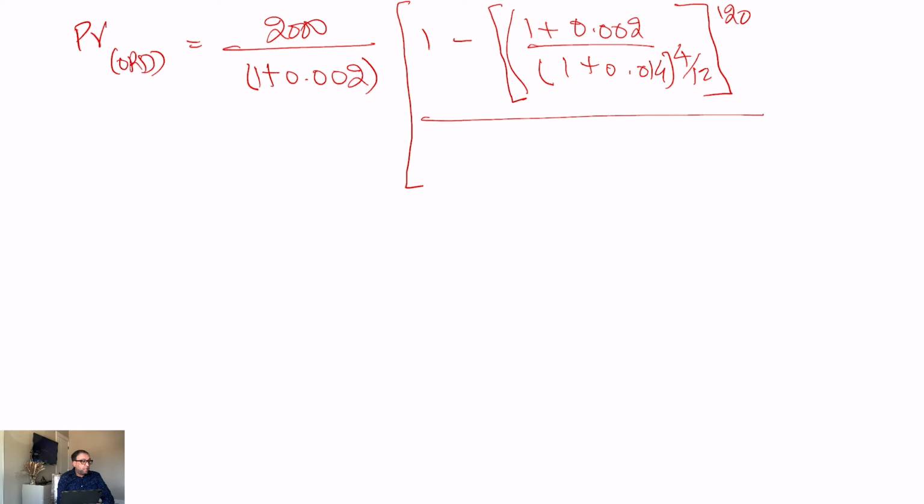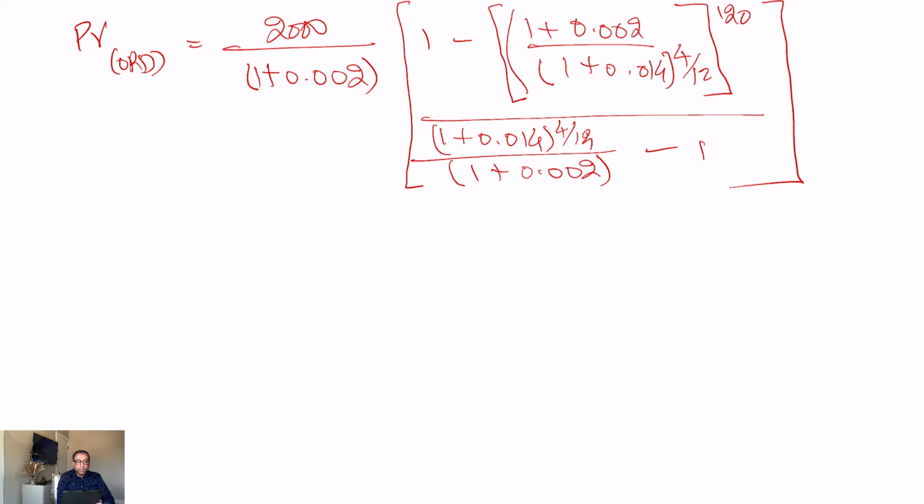And we have 1 plus 0.014 exponential 4 by 12 divided by 1 plus 0.002 minus 1.